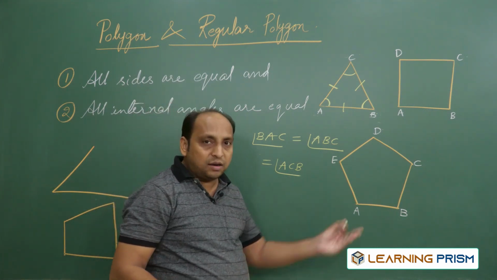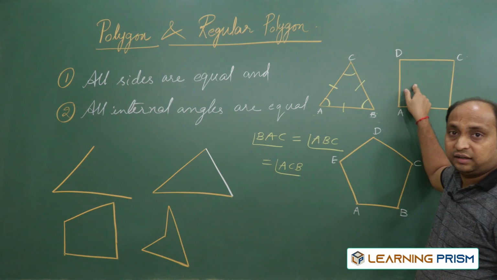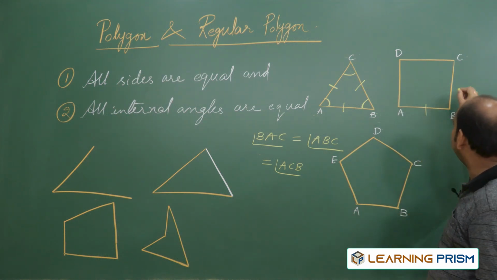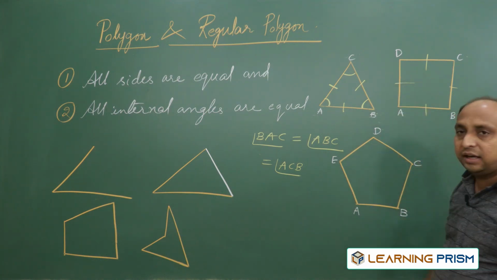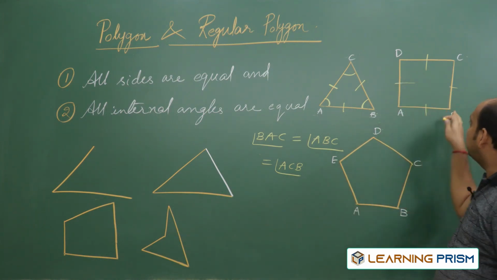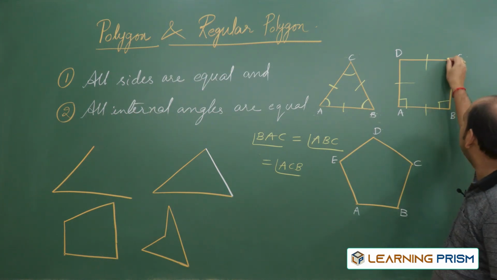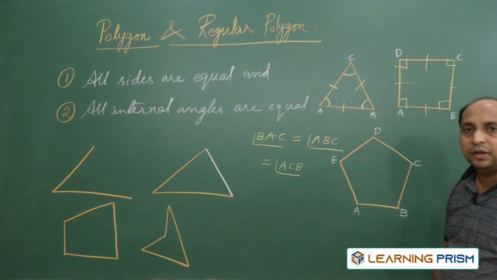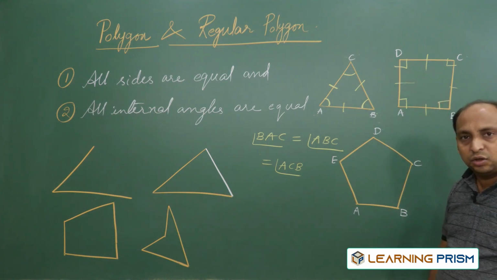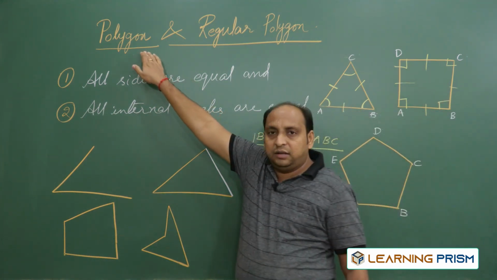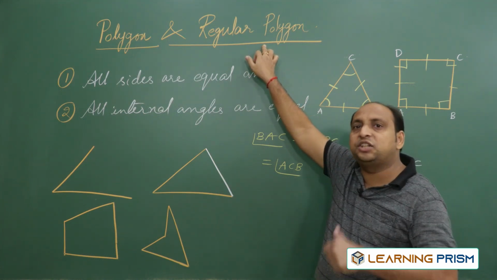If I take another example, here this is a square. AB is equal to BC, BC is equal to CD, CD is equal to DA. Here also all sides are equal and all internal angles are also equal. Here the angles will be 90, 90, 90 and 90. So for a polygon to become a regular polygon, two conditions need to be satisfied.